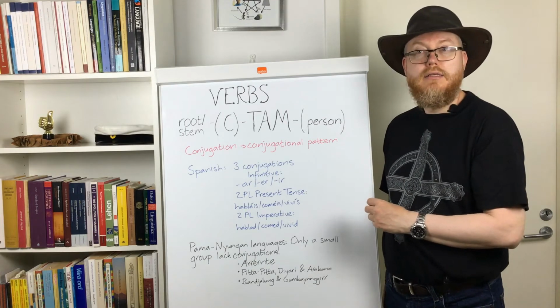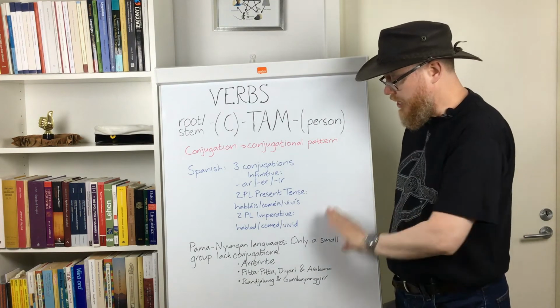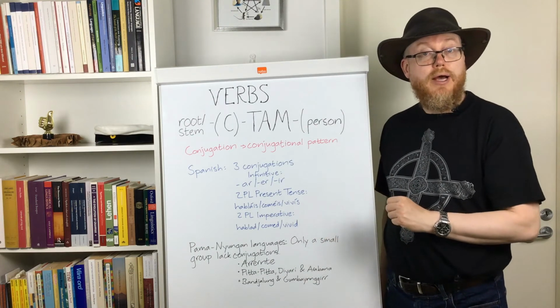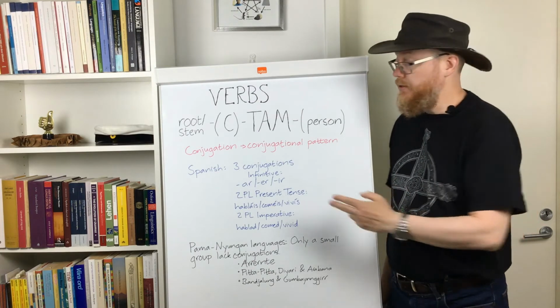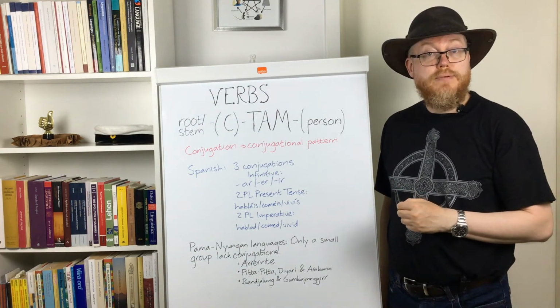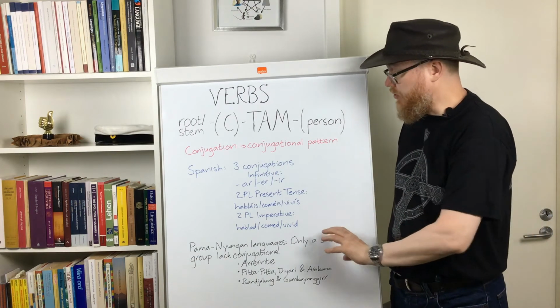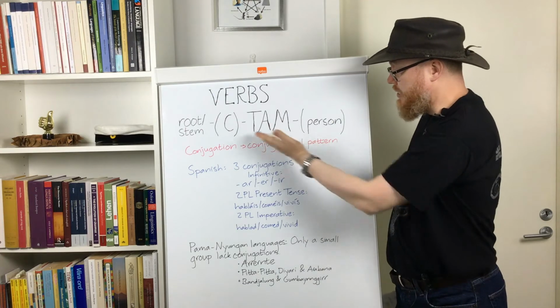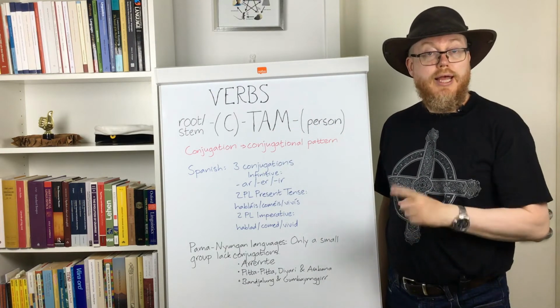So what these languages have in common, by the way, is that they all have lots and lots of verb roots. And all the verbs then in these languages take the same set of tense, aspect, and mood endings.